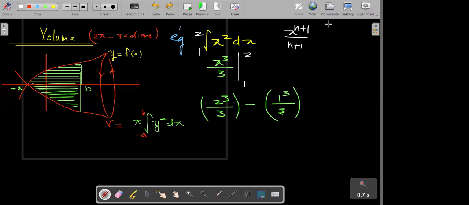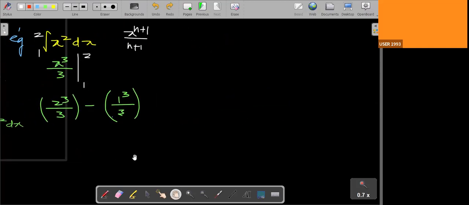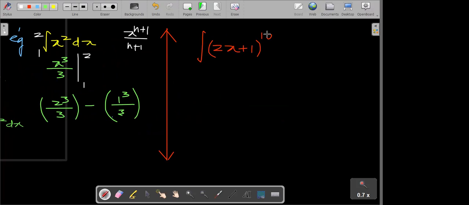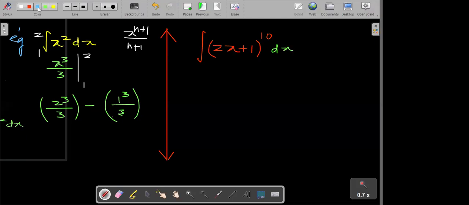Now let's see a question like this. How do I integrate 2x plus 1 to the power 10?